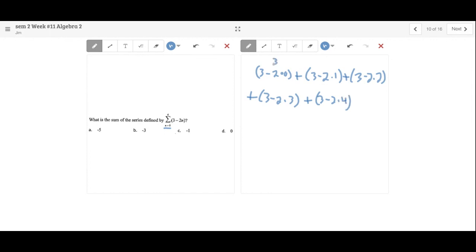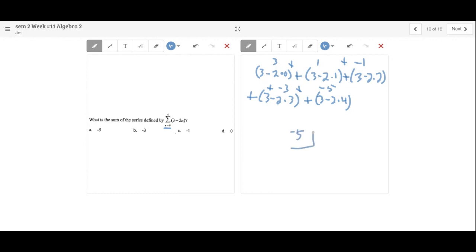So this is going to be 3 plus 1 plus -1 plus -3, so that's -3 plus -5. Is that right? I have all these, so that's going to cross out.